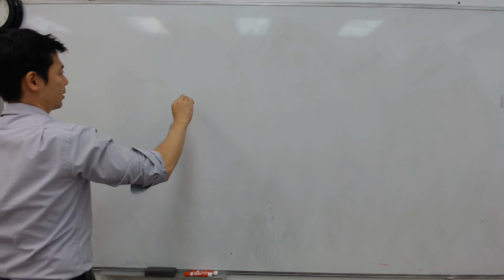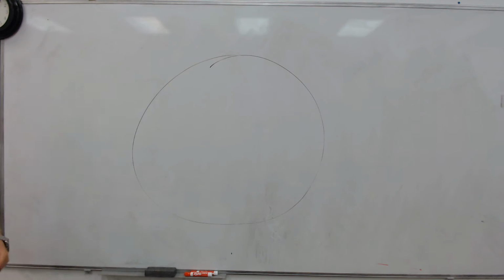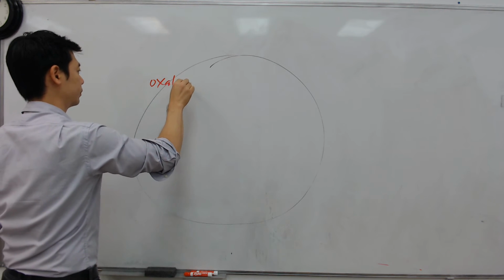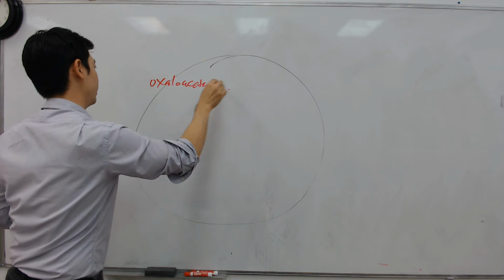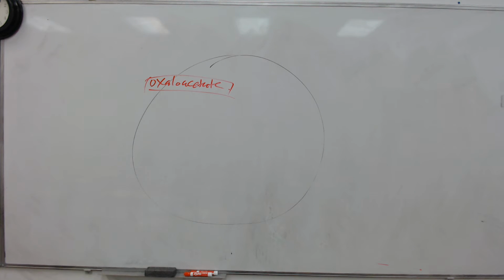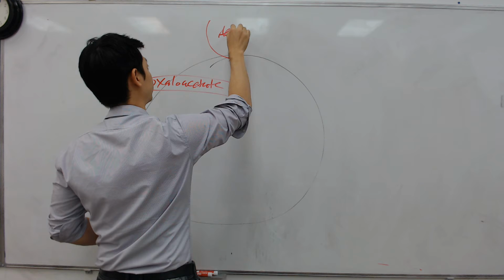So the cycle, we'll circle. I might not memorize all the enzymes, so that's something I need to give to you, like a little piece of paper. Oxaloacetate is where it kind of starts, and then acetyl-CoA.